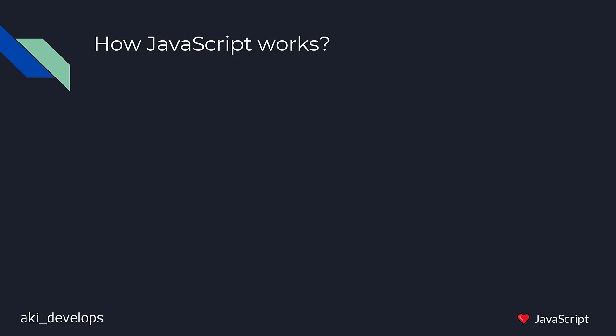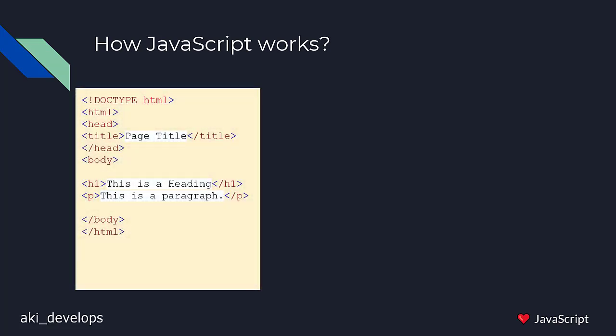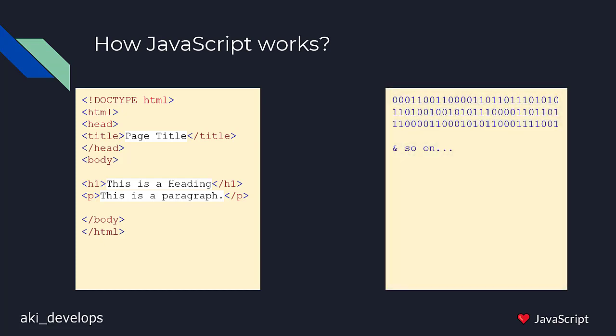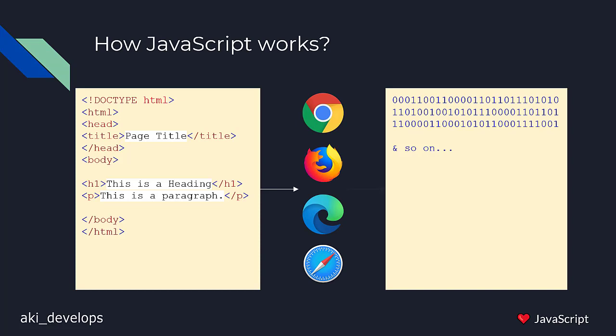Before we continue, you should know how JavaScript works in your machine. The code we can see is something like this. But your computer can't understand this code. It can only understand the binary codes, which consist of 1 and 0. So your code will become something like this. This work is done by browsers like Chrome, Firefox, Safari, Edge, etc. The browser is a software application which you use to visit websites.